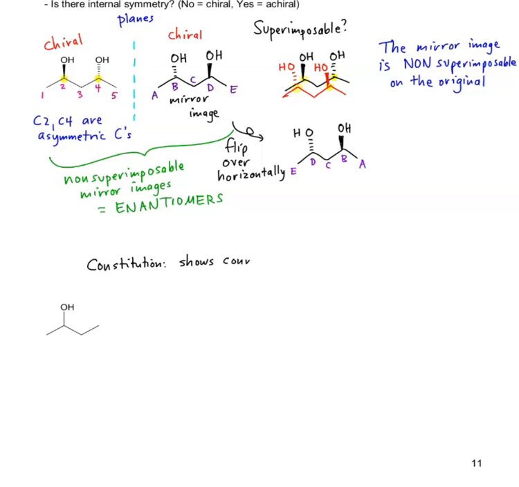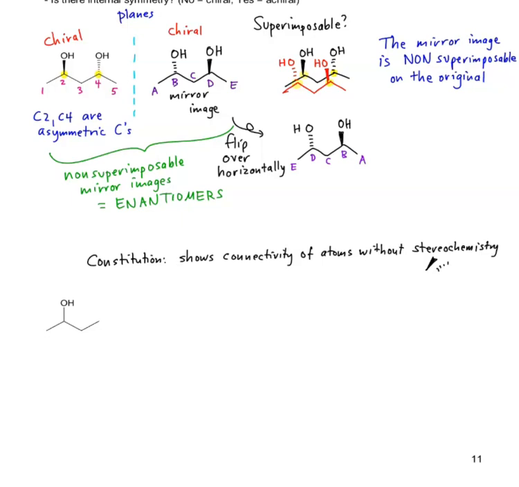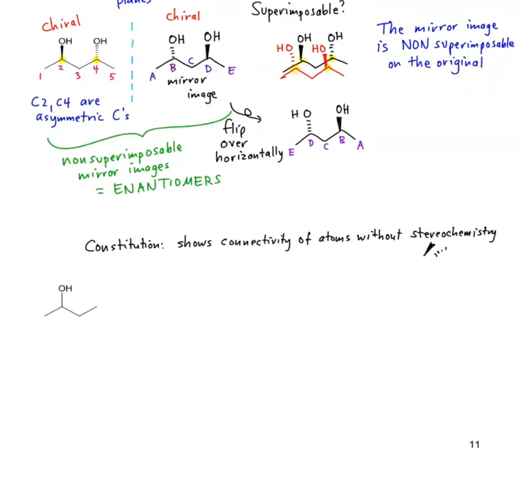It shows the connectivity of the atoms, so it shows the basic structure, but it doesn't show stereochemistry. So it doesn't show any wedges or dashes. Let's number carbons.